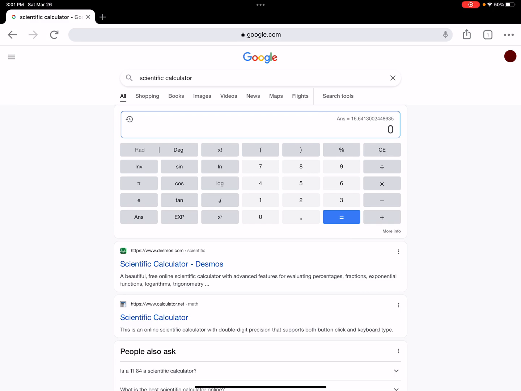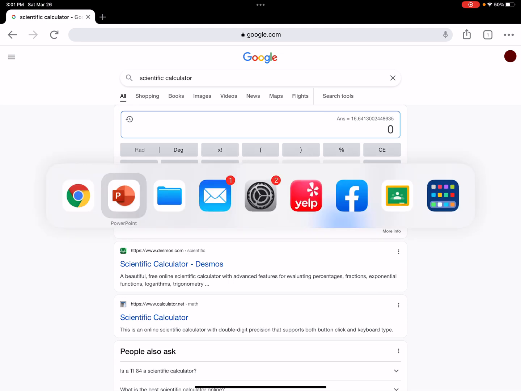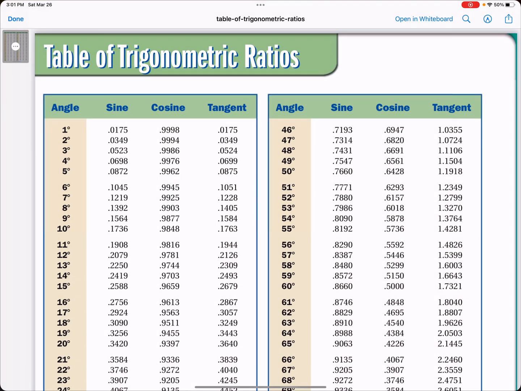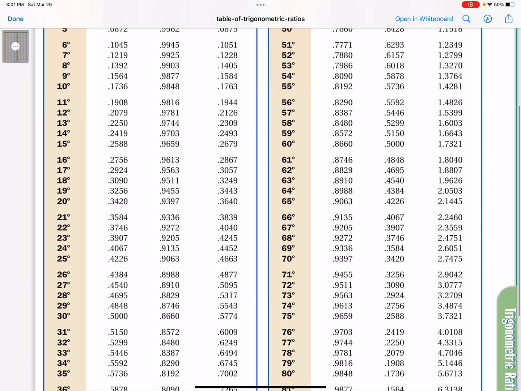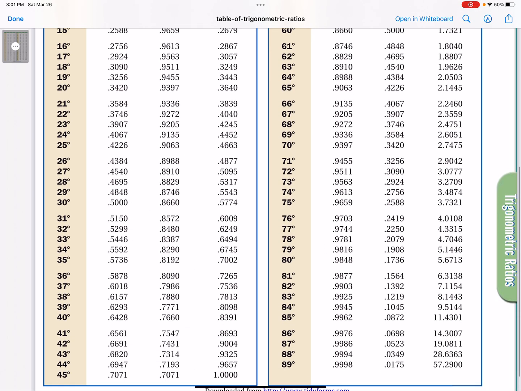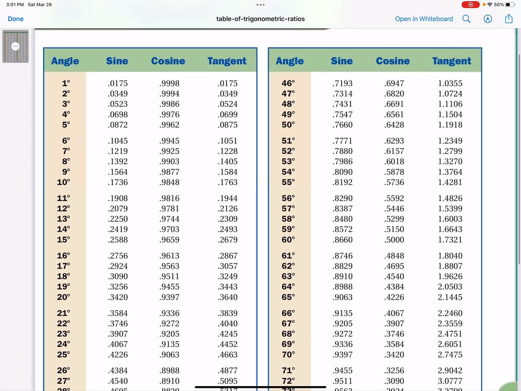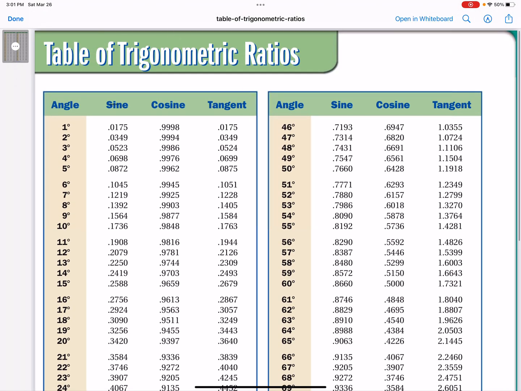The other way, if you don't have a calculator for some reason, or to double check, or whatever you're doing, you can always use a trig chart. Okay. What is the tangent of 32? Notice that if I'm using this, the first column is technically the angle.